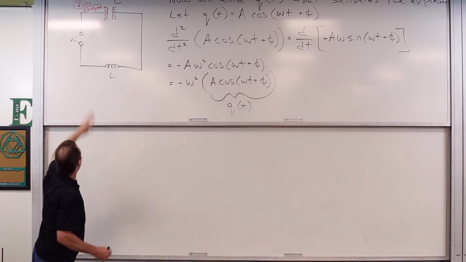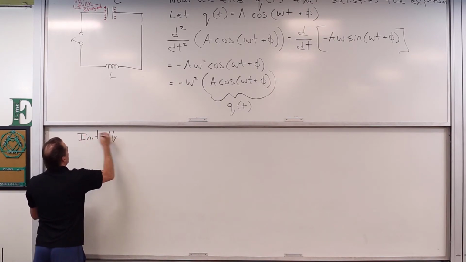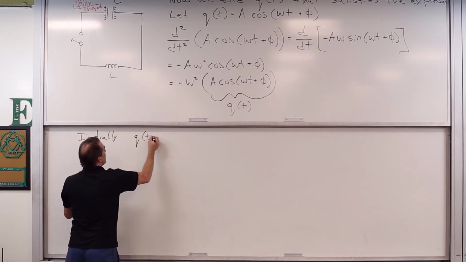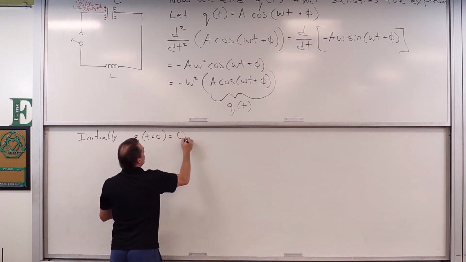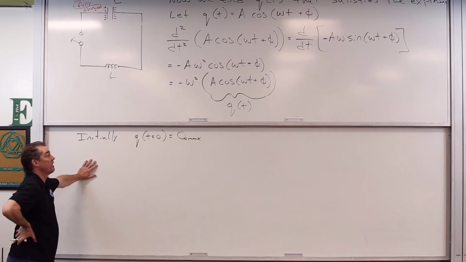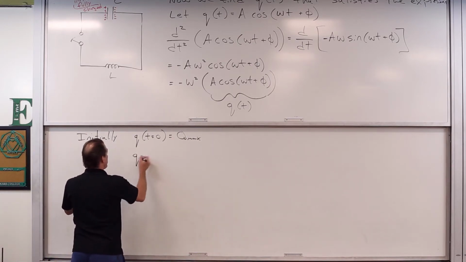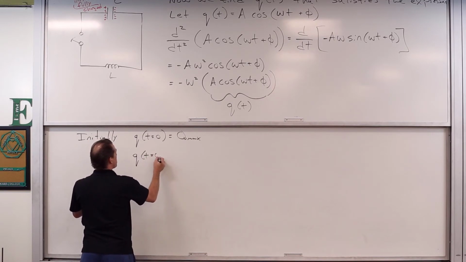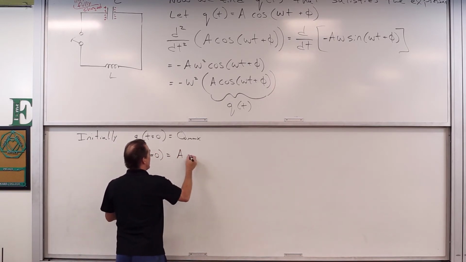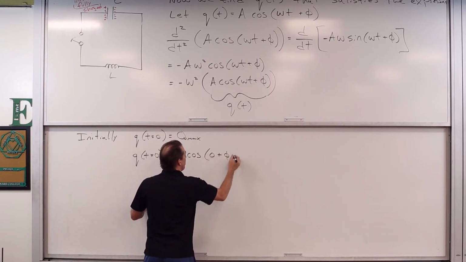Initially, we're saying fully charged. Initially, Q of t equals 0 is equal to Qmax. So now we have that Q of t equals 0 is equal to A times the cosine of 0 plus phi.